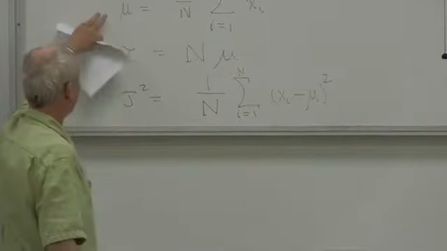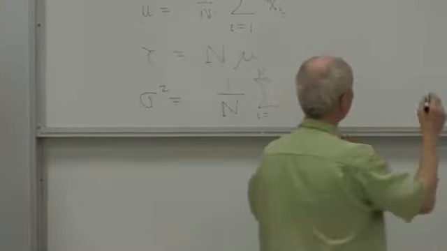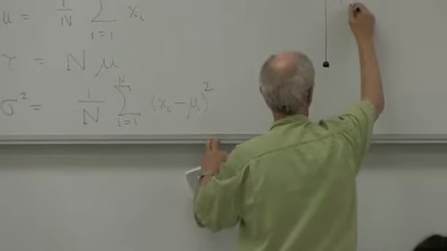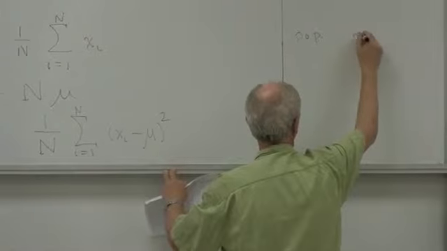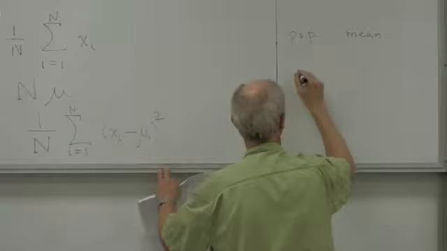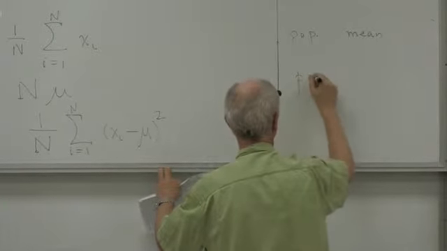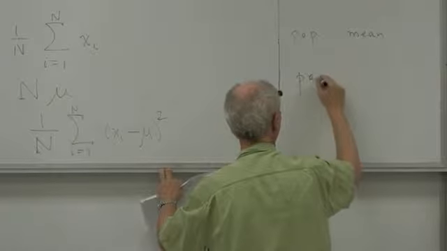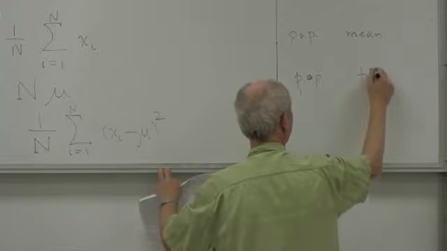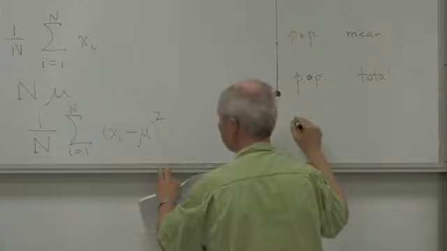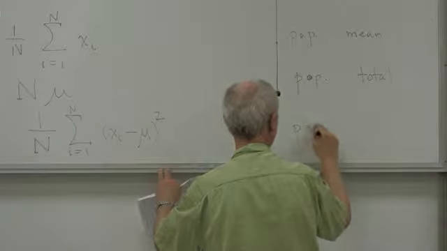Okay, so these were the population mean. This is the tau is the population total. And sigma squared is the population variance.